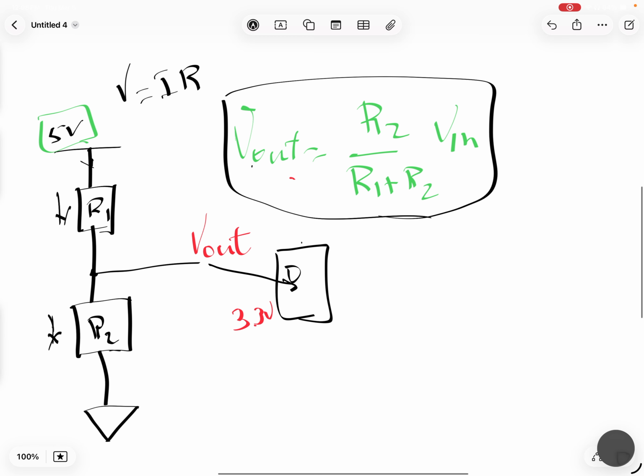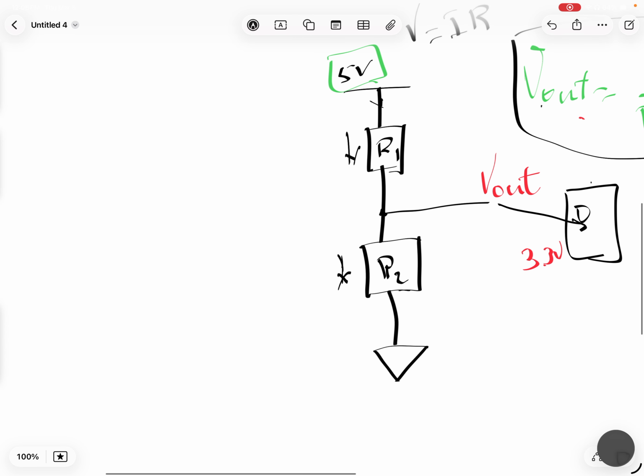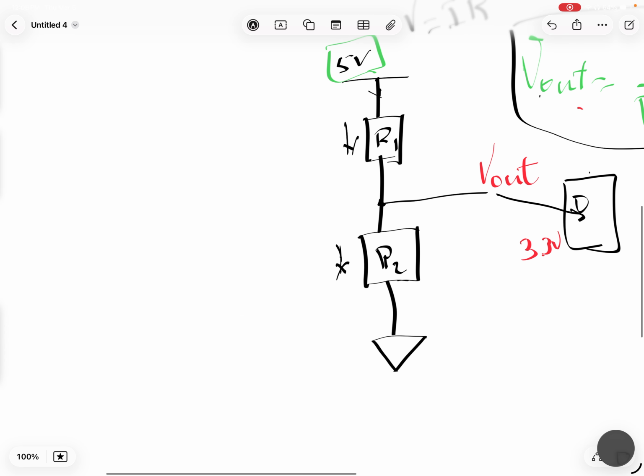So we know the current traveling from the 5 volts to the bottom here is the same. Since those two resistors are in series, the total resistance equals R1 plus R2.